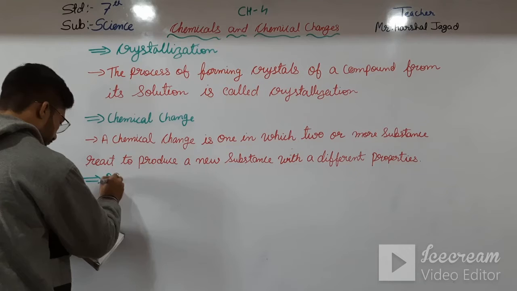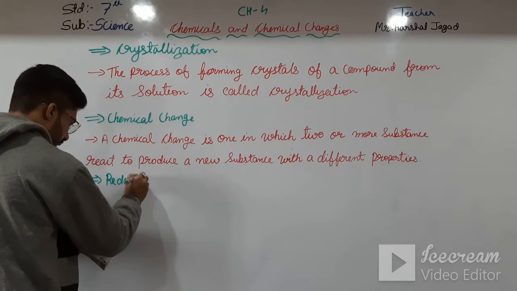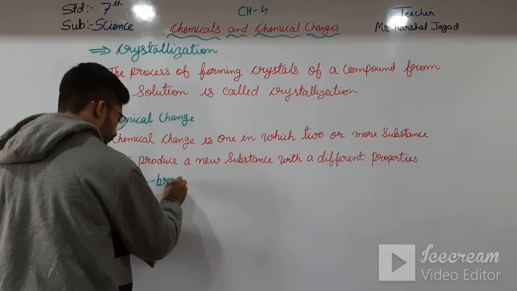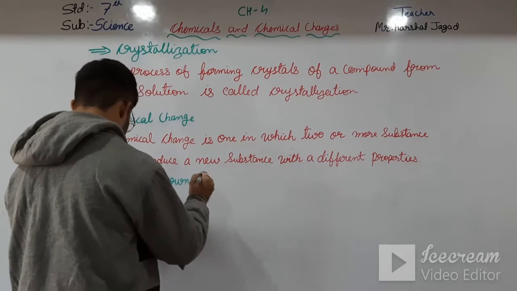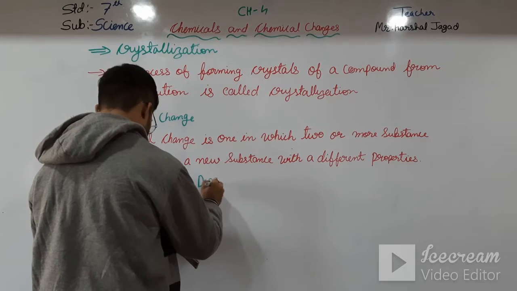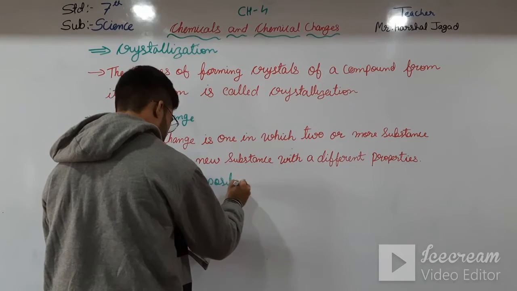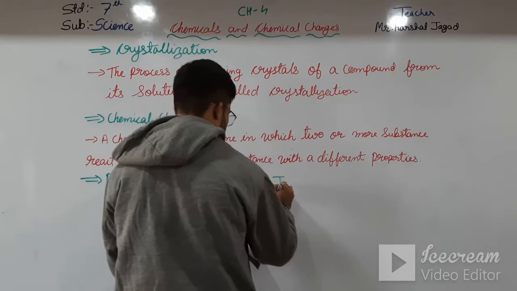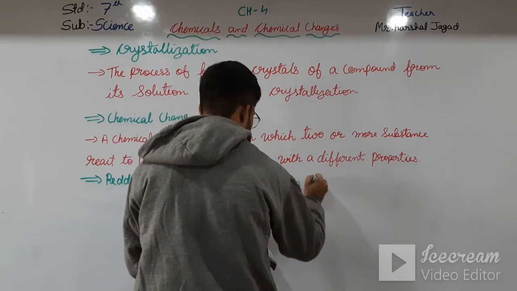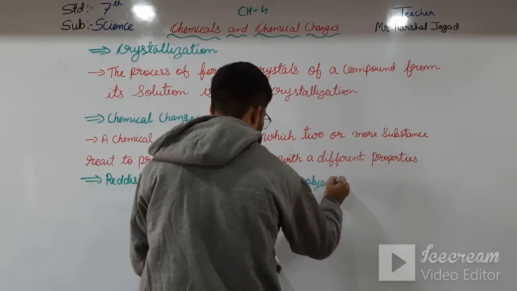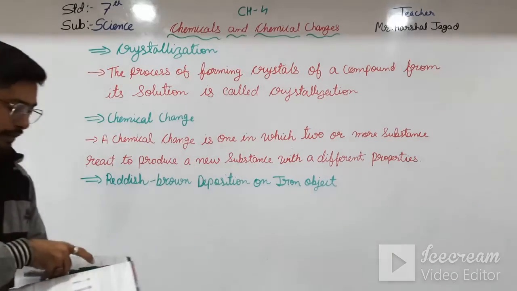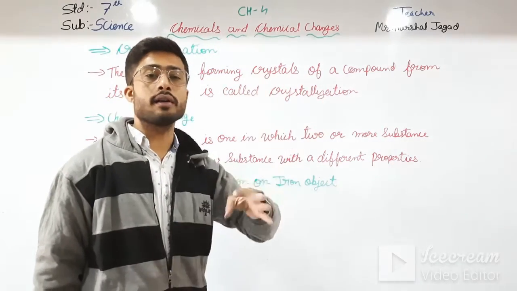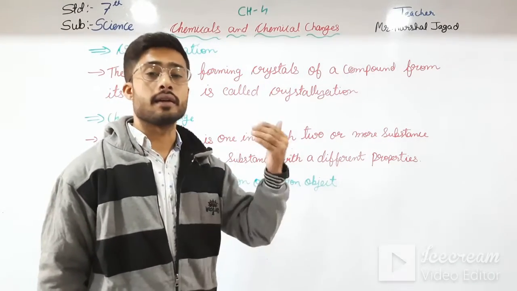When iron comes in contact with oxygen and water, then it starts rusting.